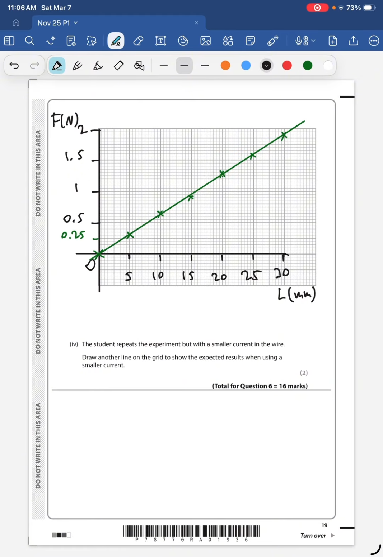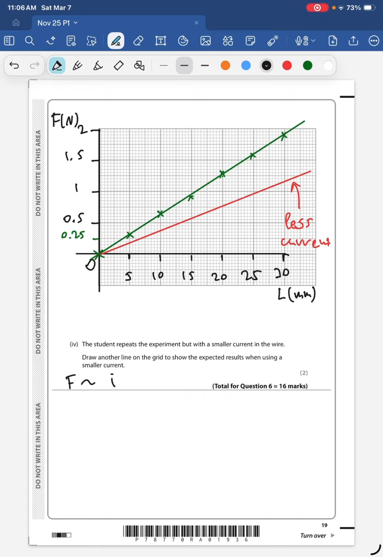So the force is actually proportional to the current that passes through the wire. So the gradient of this line is proportional to the current. So with a smaller current, we will have a line with less gradient. Okay, it's gonna be less steep. So less current.